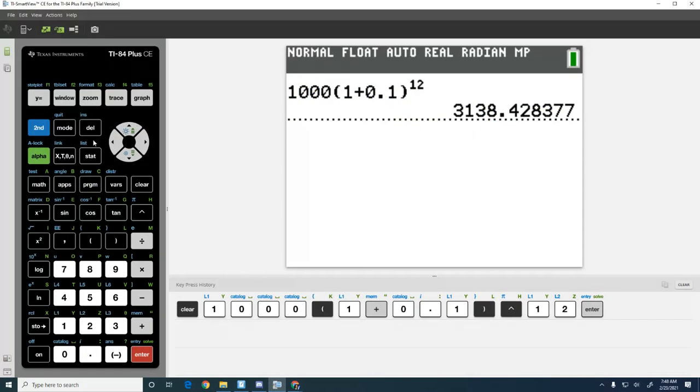Then it's going to be that button, the y to the x. So if I want to do 2 to the third, I would type 2 raised to the third, which is 8, right? 2 times 2 times 2. Anybody else? Calculator questions? It's definitely something you need to know how to do, and I'm happy to help you with your calculator.